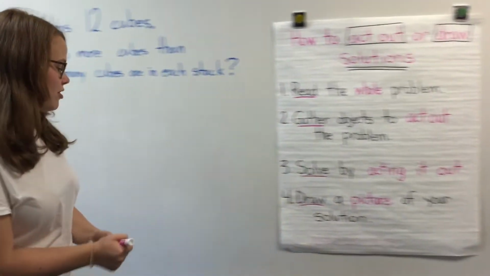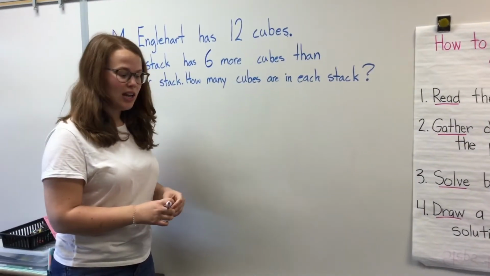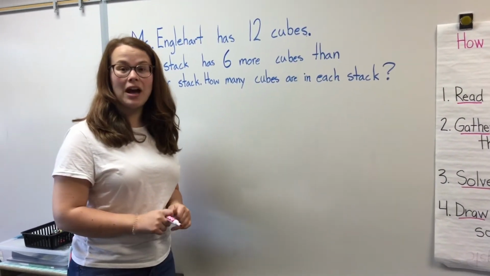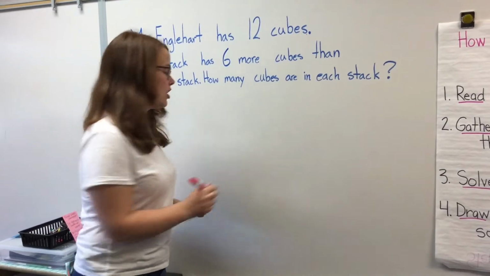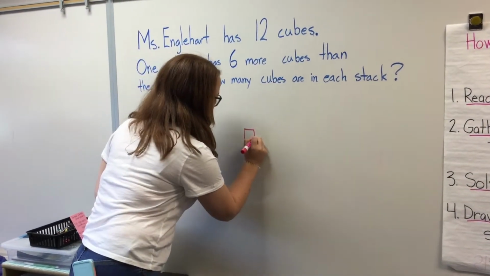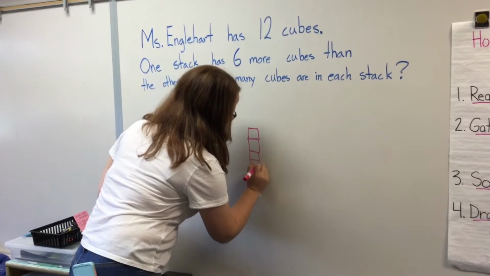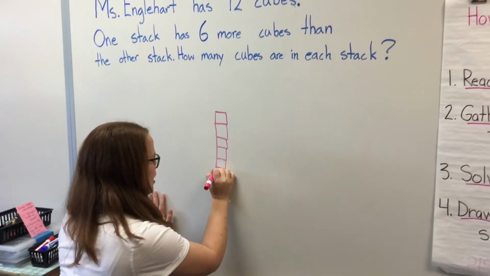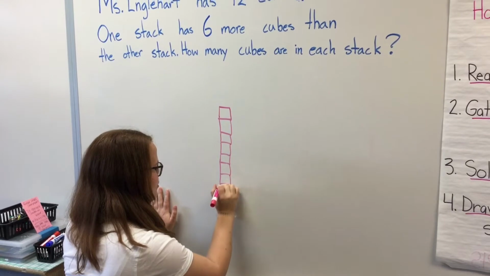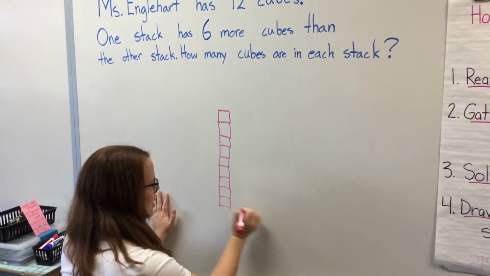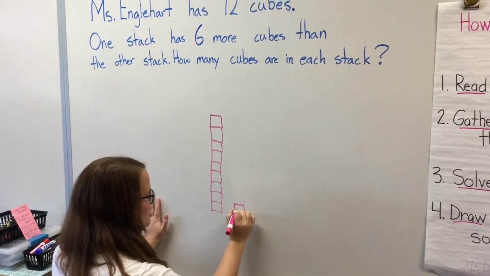So if I come over to the board, I'm going to draw my solution, and on one side, if you remember, I had 9 cubes. So I'm going to quickly draw my 9 cubes, or my 9 Legos. 1, 2, 3, 4, 5, 6, 7, 8, 9, and my other one had 3.